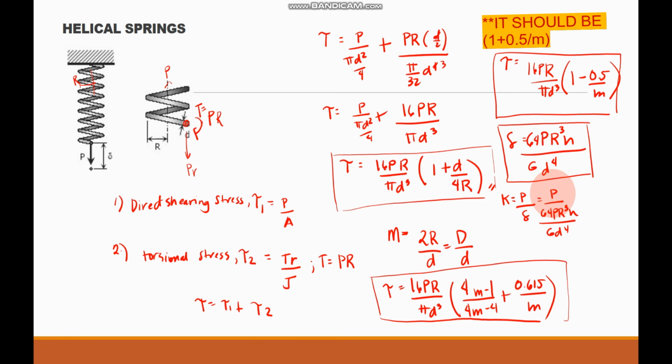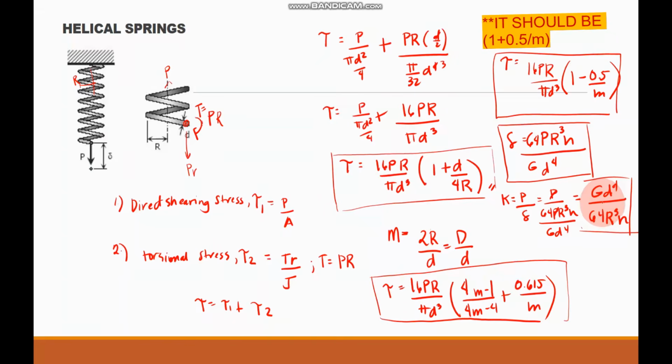So canceling out P here, yung ating spring constant would now be equal to G d raised to 4 all over 64 r raised to 3 multiplied by n. So this is now our formula for the spring constant k.